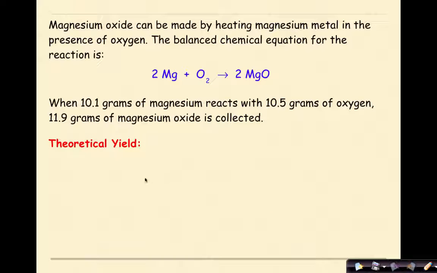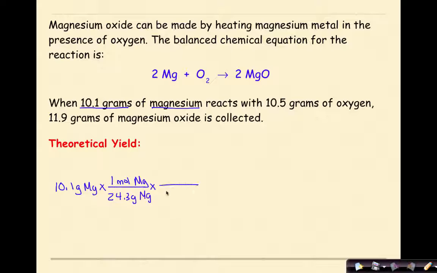Now that I have identified my limiting reagent, I can go back and figure out my theoretical yield, or the maximum amount of magnesium oxide that I should be able to produce. Since I know that my magnesium is my limiting reagent, I'm going to start with 10.1 grams of that. 10.1 grams of magnesium, 24.3 grams of magnesium in 1 mole of magnesium.